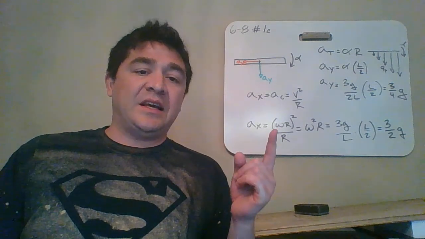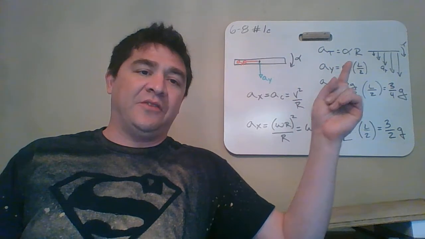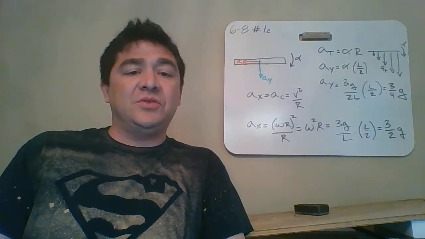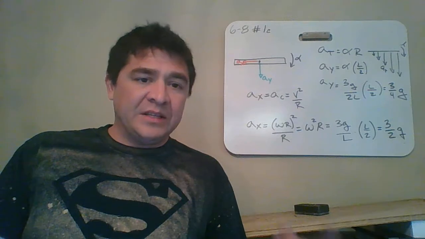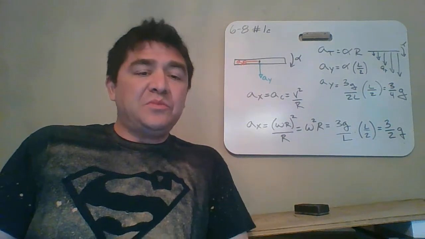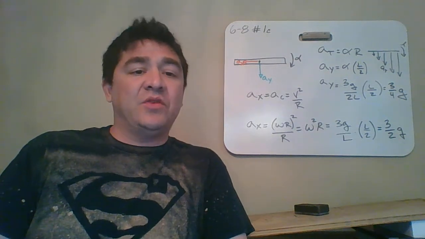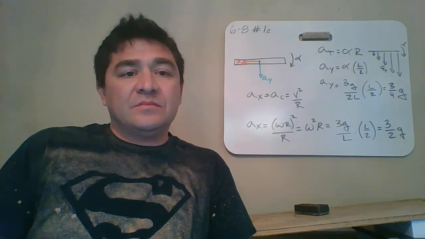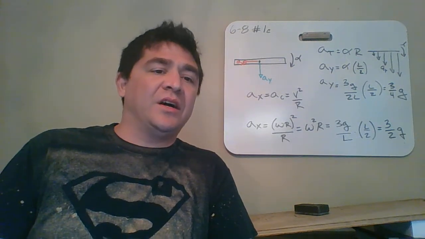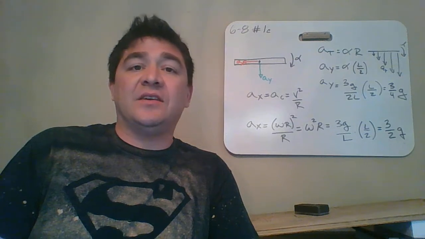Tangential velocity is omega r, just like tangential acceleration is alpha r, so we can sub that into our centripetal acceleration, which simplifies to omega squared times r. So what's omega squared? Omega squared from part A is 3g over L. And then what r do we use? We use L over 2 because they're asking for the acceleration at the center of mass.